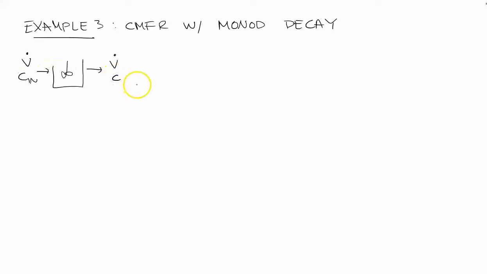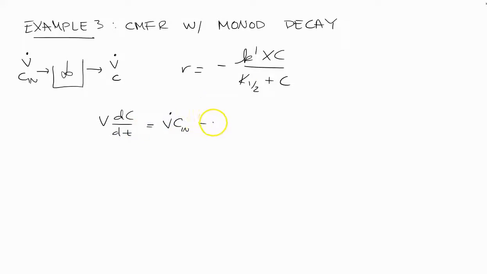Monod decay is a little intimidating at first because the reaction rate is complicated. It includes X, which is the biomass concentration, and this term K1/2, which is the half specific growth rate for the microorganisms, in addition to our C term. But you'll see that we set it up the same way.